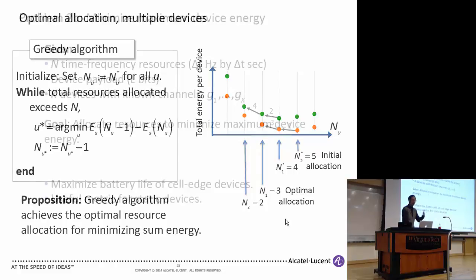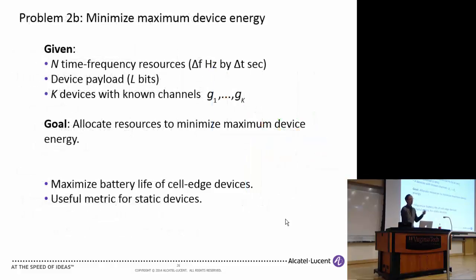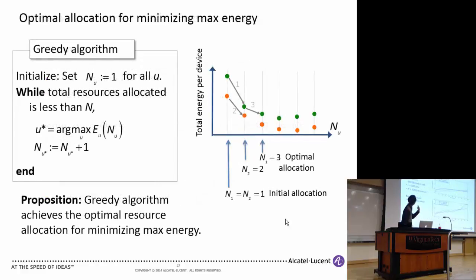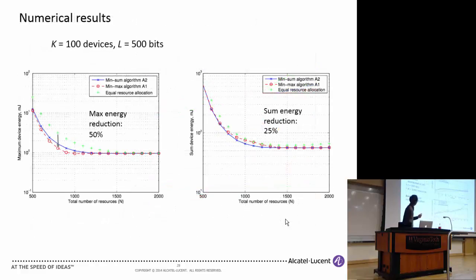We can do a similar greedy algorithm for a different metric, which is minimizing the maximum energy of the devices. I'm going to skip over that in the interest of time. And here are just some numerical results showing, say, you have a network of 100 devices distributed in a cell.